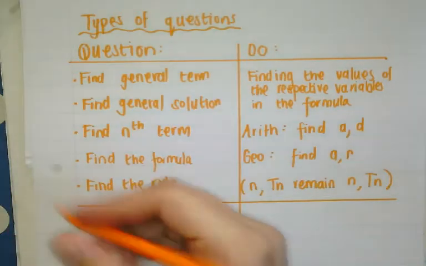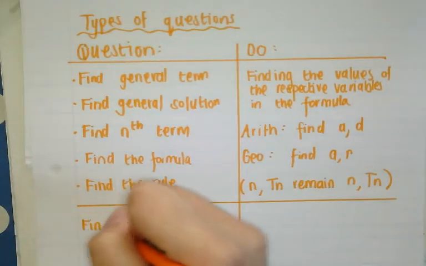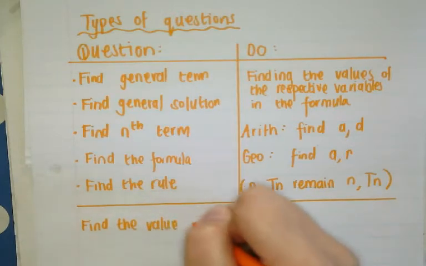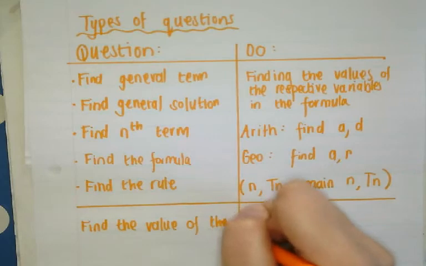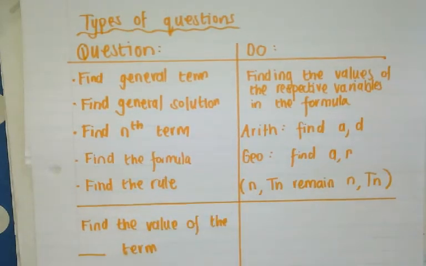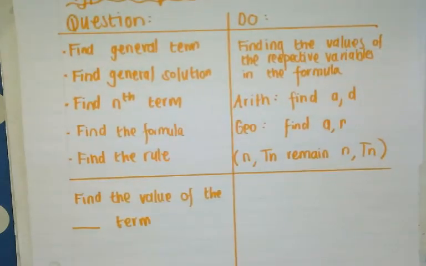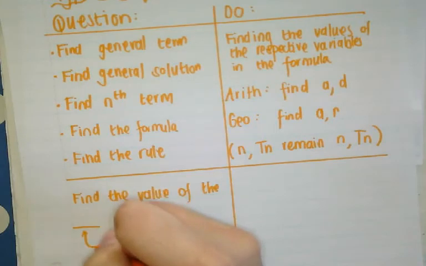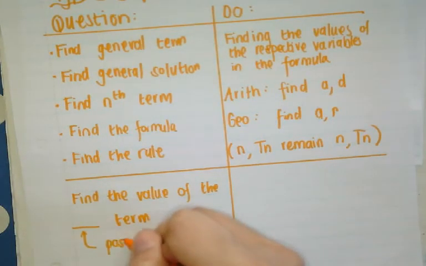Then I will go ask stuff like, find the value of the something term. Find the value of the term. Now what is given to you in this little block here is the position.